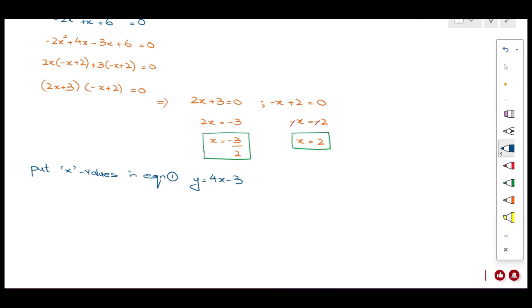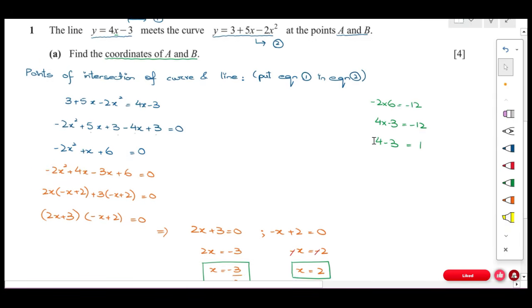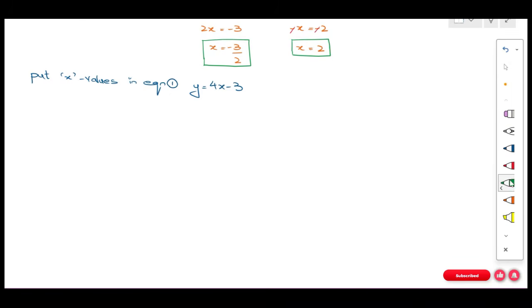Let me double check my equation number 1. 4x minus 3, yes. Okay, now the first is y equals 4 times the x value negative 3 by 2, minus 3, and the other one is y equals 4 times the x value 2, minus 3.